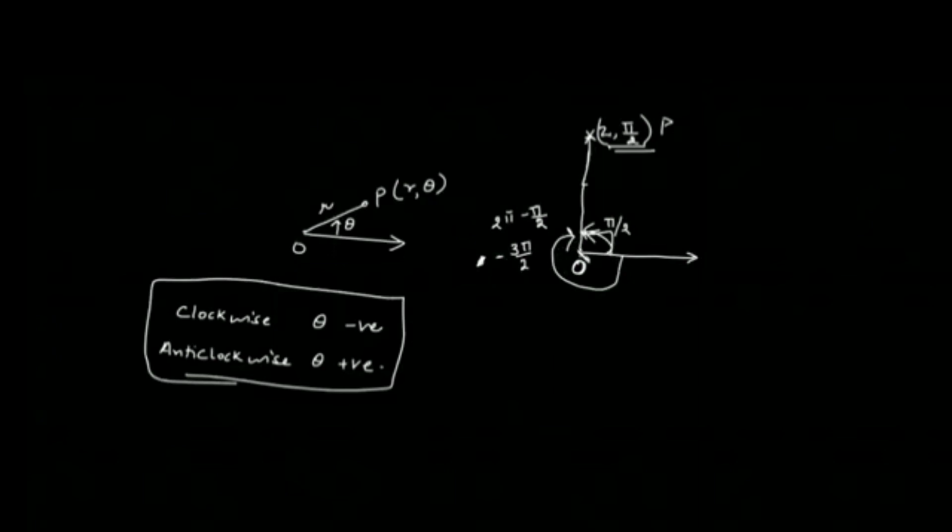So we reach this point in this direction. Now we have to take two steps and we will reach this point. So another representation of this point is 2 comma minus 3 pi by 2. So this is another representation of a single point P. However, in Cartesian it is a unique form, but in polar, we have infinitely many representations of a single point.